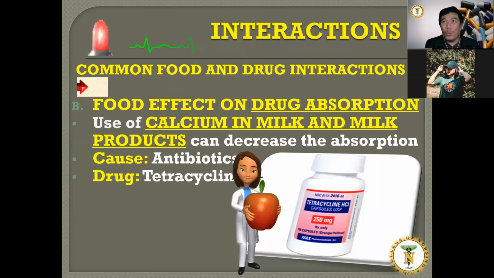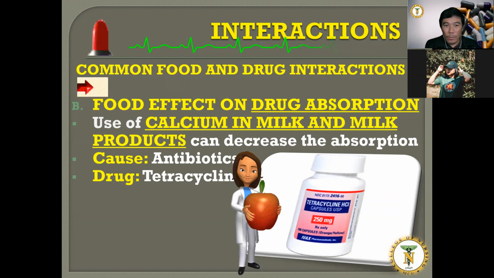Now, when it comes to food effect on drug absorption, use of calcium in milk and milk products can decrease the absorption. Example, when the person is taking drugs such as tetracycline. Tetracycline is an antibiotic, an antimicrobial drug.